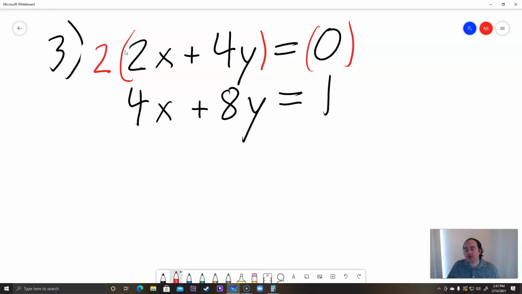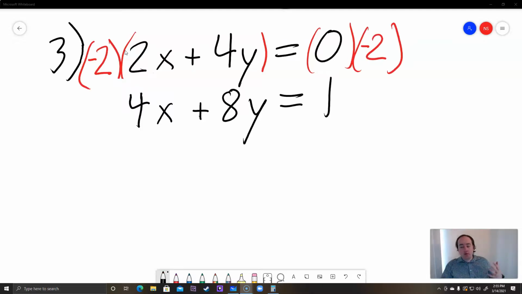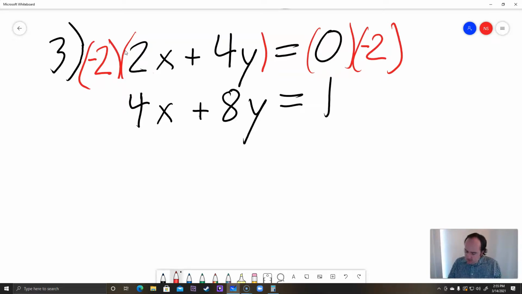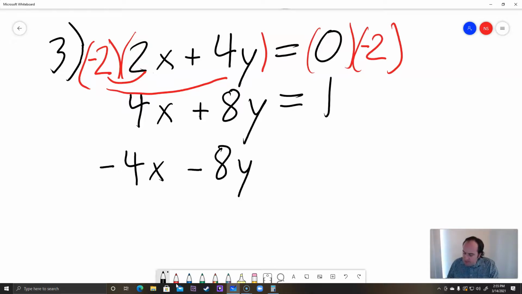So instead of multiplying the top equation by positive 2, I'm going to multiply the top equation by negative 2. So negative 2 is going to make it so that the x's are going to cancel out. But of course, you have to distribute the negative 2 on the left side of the top equation. So negative 2 times 2x is negative 4x, and then negative 2 times 4y is negative 8y.